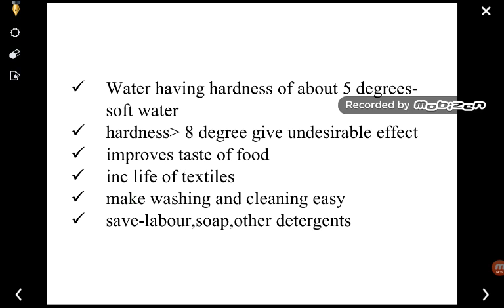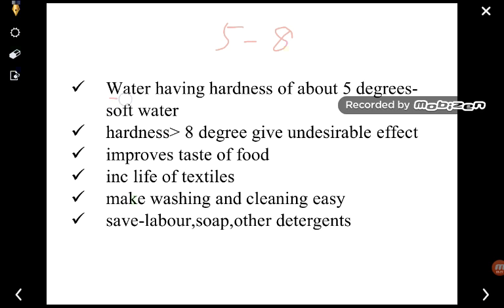For potable water, it is desirable to bring down the hardness of water to about 5 to 8 degrees. If the water hardness is between 5 and 8 degrees, then it doesn't affect much. But if it is less than that or more than that, then it is certainly going to affect.